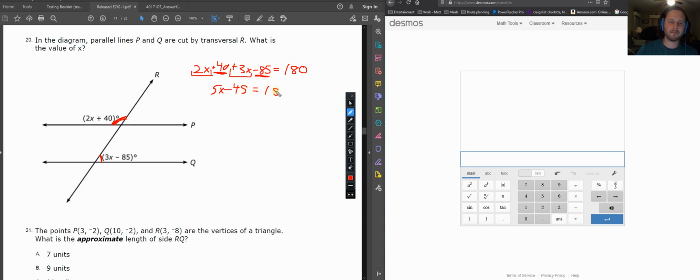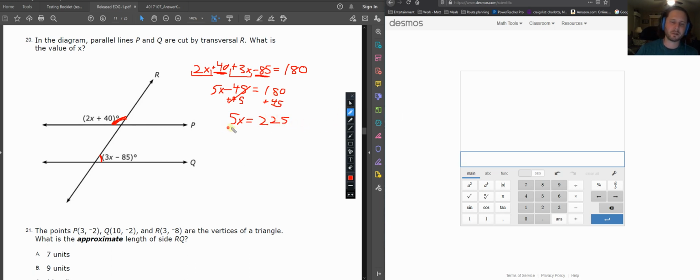equals 180. We then simply add 45 to both sides. Cancels here. And we have 5x is equal to, that would be 200, and what would that be, 215 or 225? Yeah, 225.